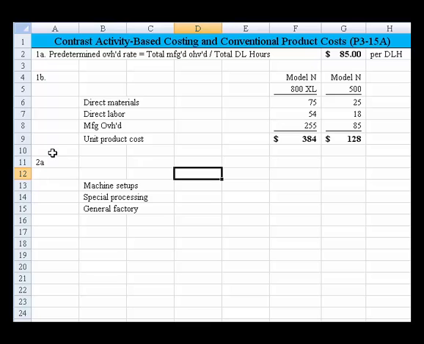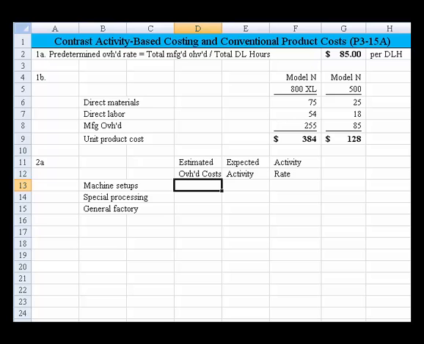And then the first thing we need to do is calculate the estimated overhead costs. And then we need to calculate the expected activity. Once we have that, we can divide the first one by the second one to come up with an activity rate.